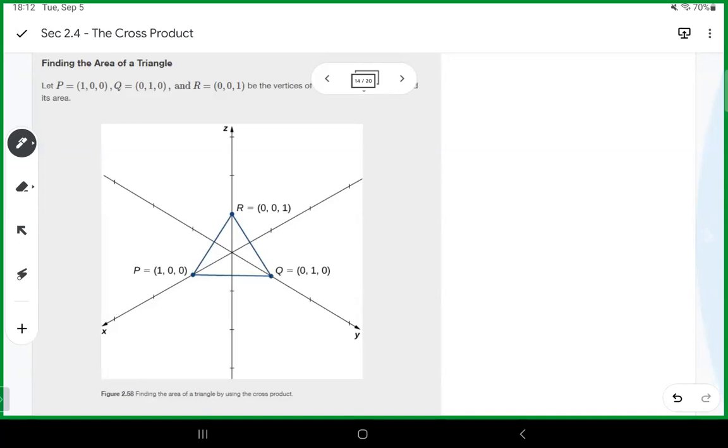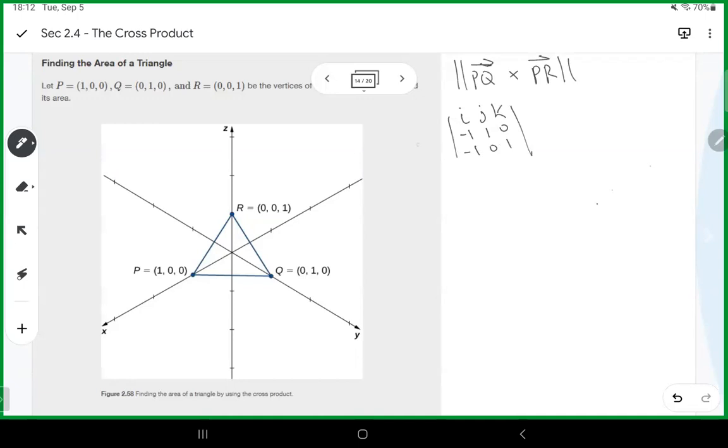So we're essentially going to find our area, which would end up being the magnitude of PQ cross PR, which would be i, j, k, and then negative 1, 1, 0, and then negative 1, 0, 1.